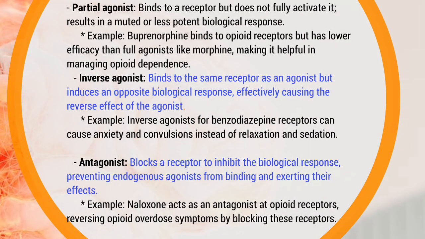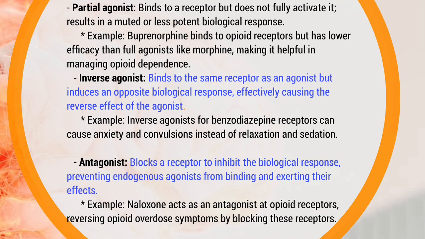Inverse agonism binds to the receptor as the agonist does, but it induces an opposite biological response, effectively causing the reverse effect of agonism. For example, an inverse agonist at the benzodiazepine receptor can cause anxiety and convulsions instead of relaxation and sedation.